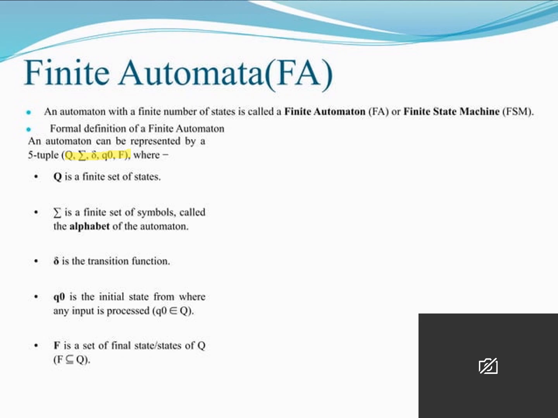Sigma is a finite set of symbols, the alphabet we are using in the automaton. Delta is the transition function. Q naught is the initial state from where any input is processed. Capital F is the set of final states.